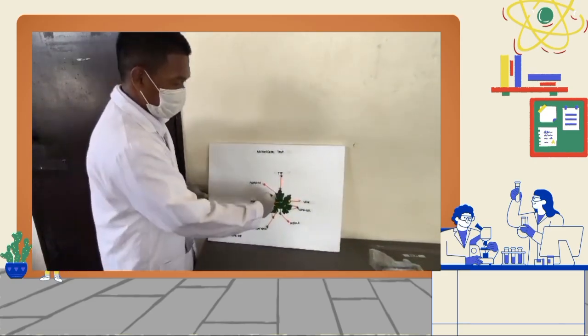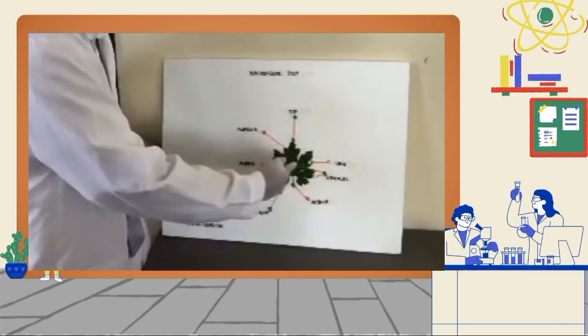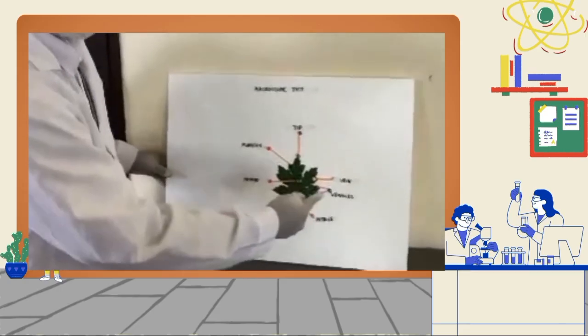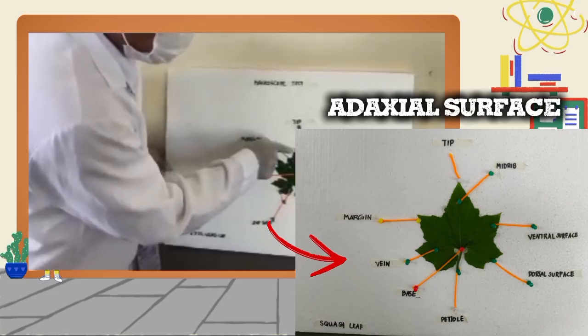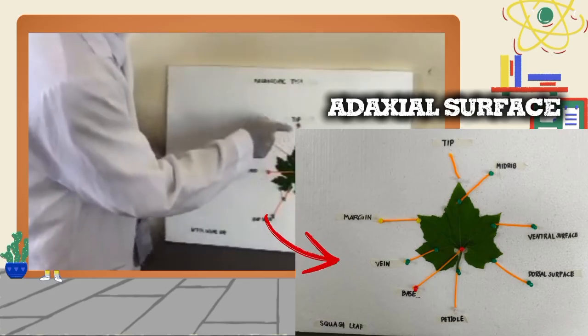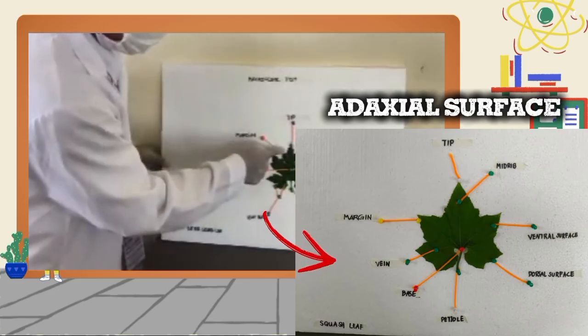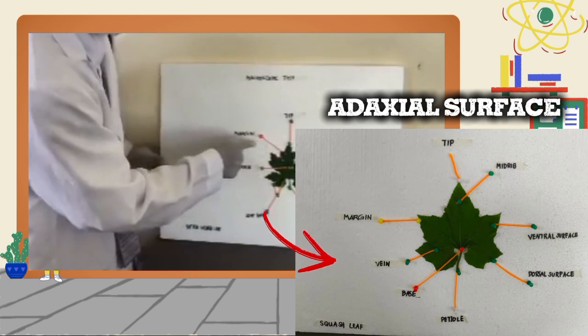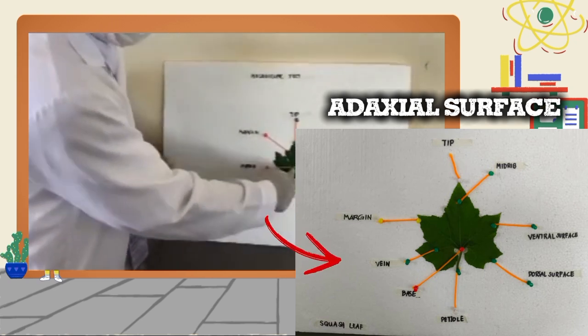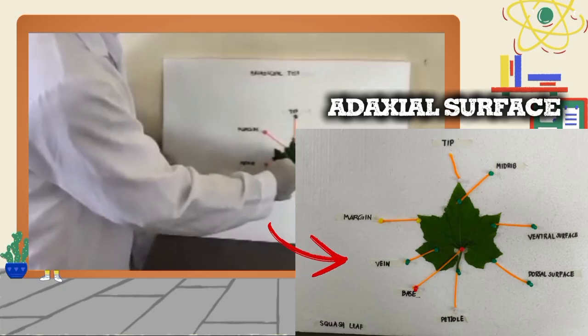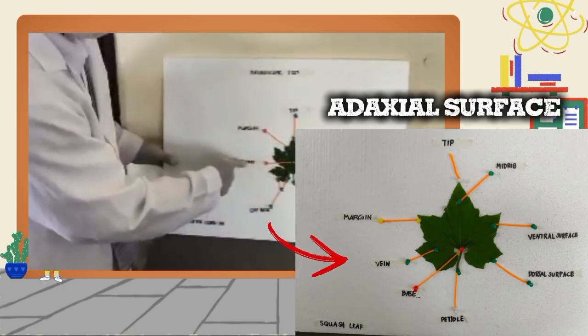We are first naming the parts of this specimen. We have this one, the upper side of the specimen. It's called the tip, and this one, the side, is called the margin. And this inner part, or the center of the specimen, is called the midrib.